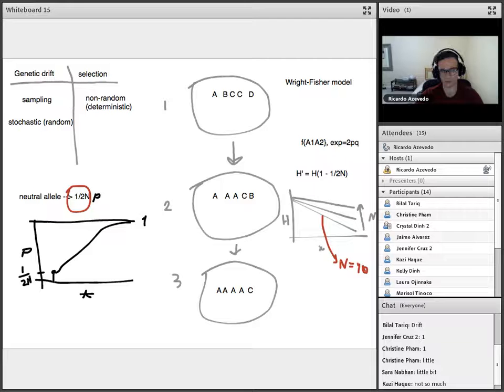And the question is, sometimes when you go into the wild and try to measure the decline in heterozygosity in a real population, let's say you work on Drosophila and you look at the heterozygosity over time, and what you measure looks like a population where, let's say the real data points you have are these, and here and here.